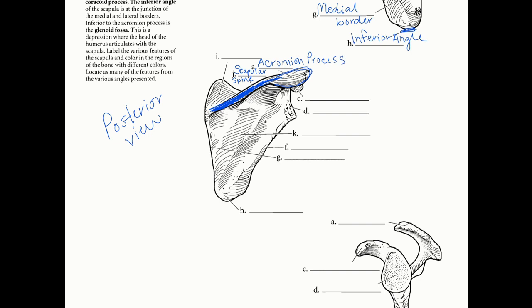If we think back to our directional terminology, superior, meaning above, is how we're going to get the name of this fossa here. It is the supraspinous, in other words, above the spine fossa.